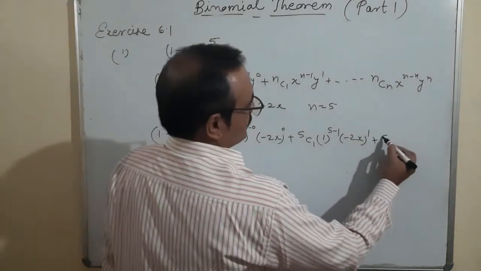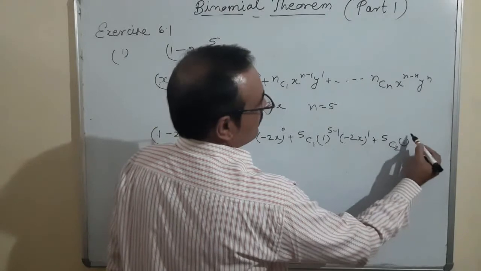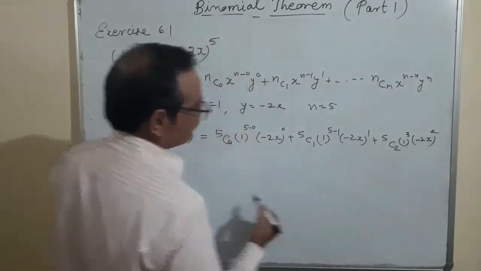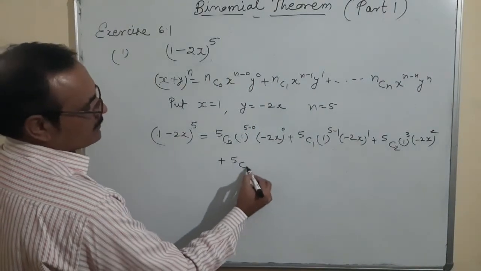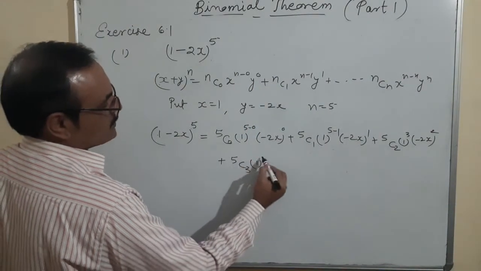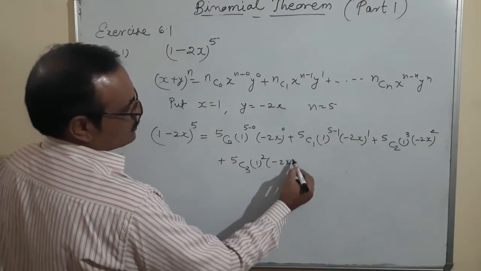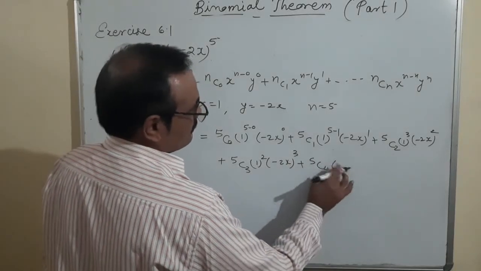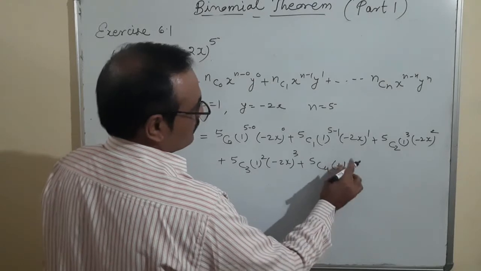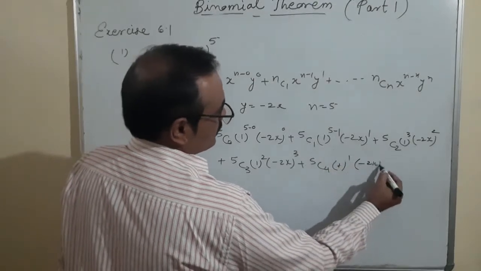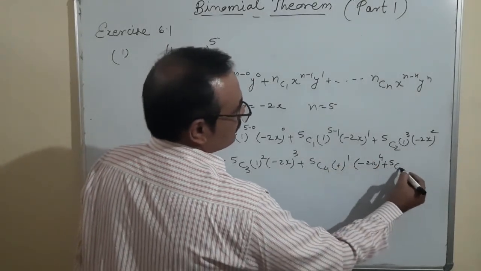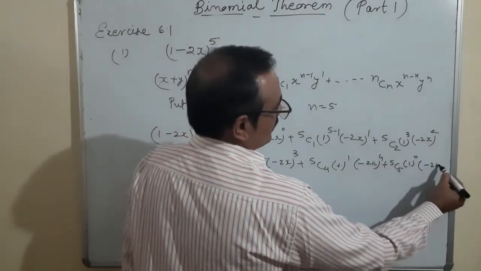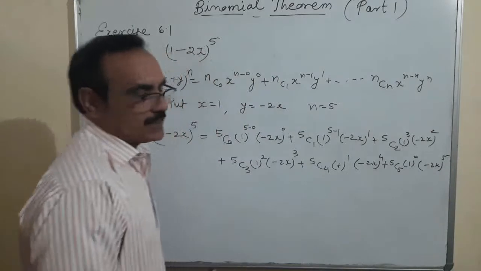Plus 5C2, 1 to the power 5 minus 2, minus 2x to the power 2. 5C3, 1 to the power 5 minus 3, minus 2x to the power 3. 5C4, 1 to the power 1, minus 2x to the power 4, and last 5C5, 1 to the power 0, and minus 2x to the power 5. This is the expansion. Okay.